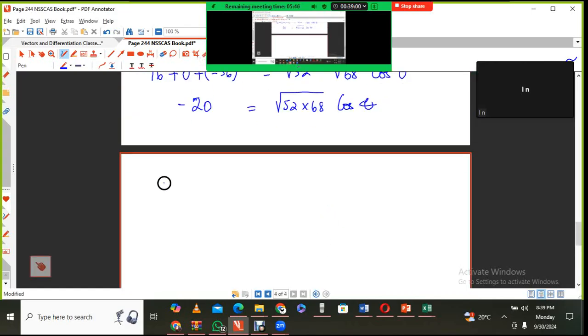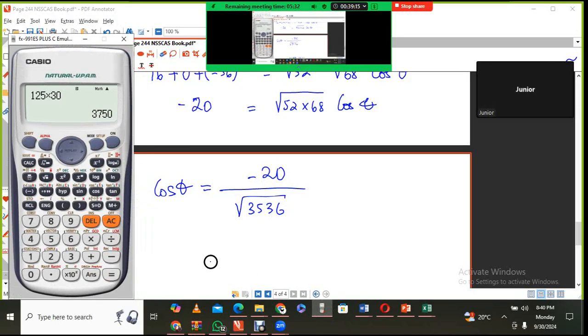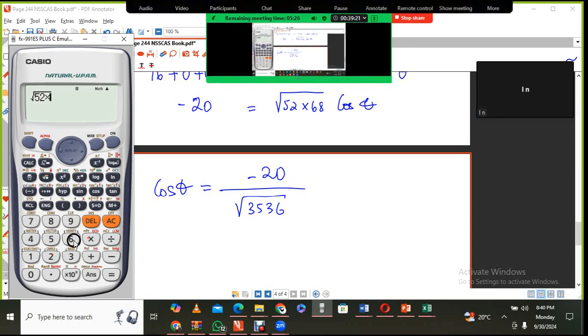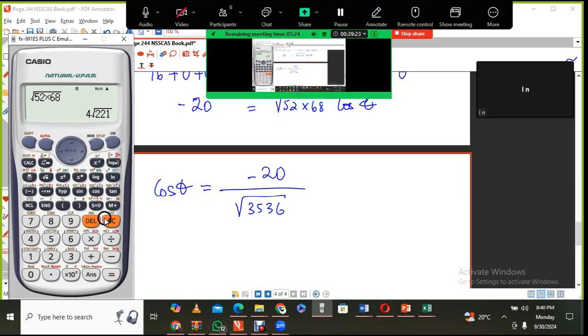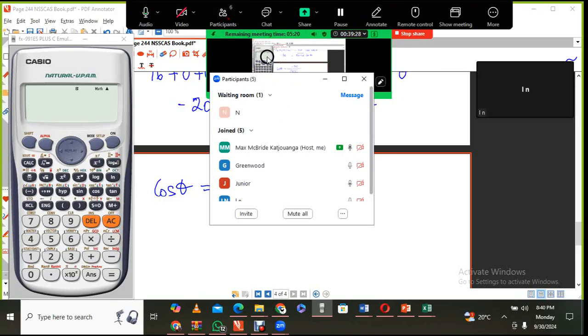So that leaves me with cos theta, or that angle, will be negative 20 divided by the square root of this horrible number, 3536. And you do the inverse of that, which is 109.65. Let me just allow someone in.